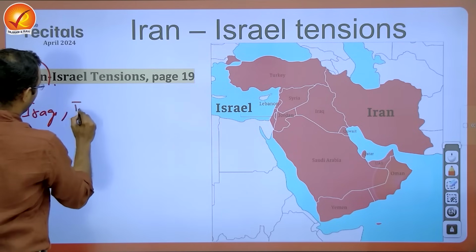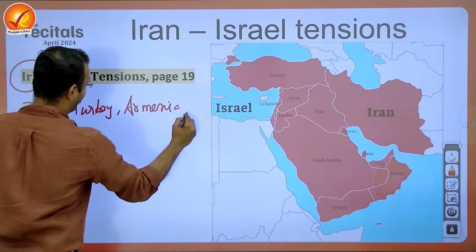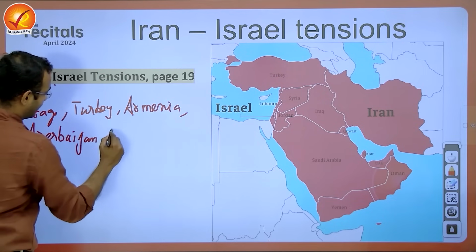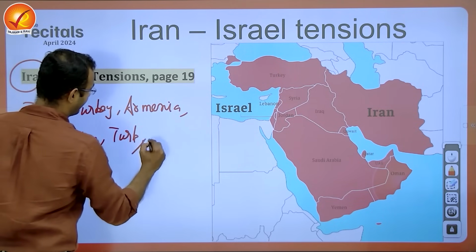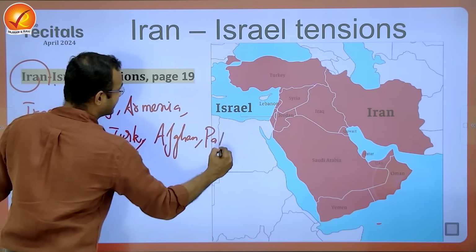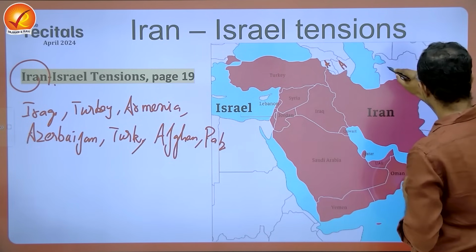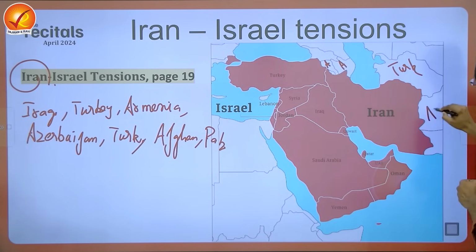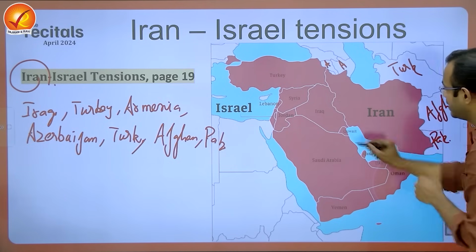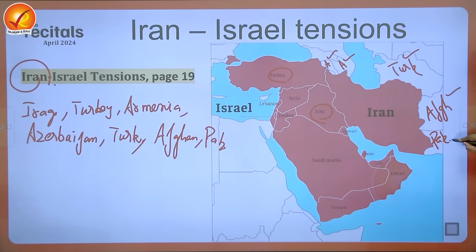Iraq, then you do have Turkey, Armenia, Azerbaijan, Turkmenistan, Afghanistan and Pakistan. Iraq, Turkey, Armenia, Azerbaijan, Turkmenistan, Afghanistan and Pakistan.